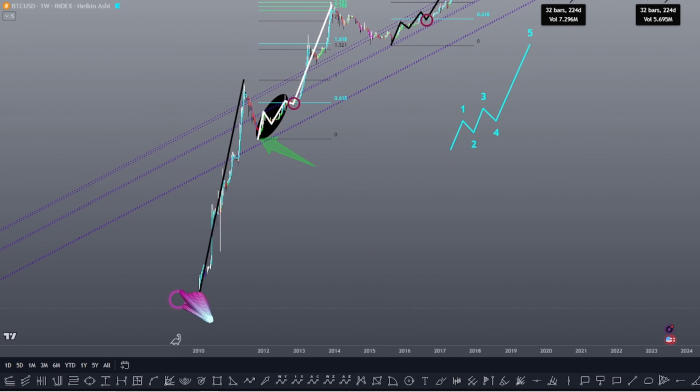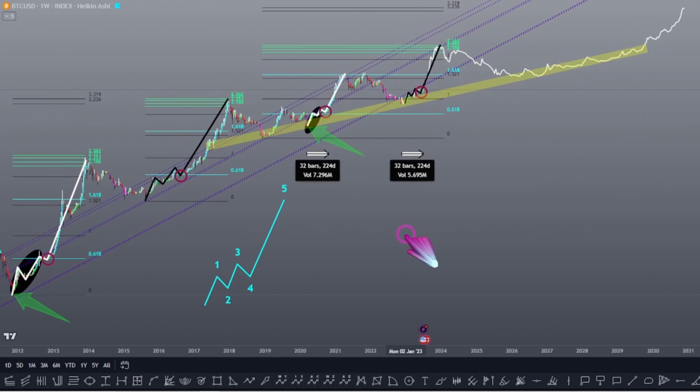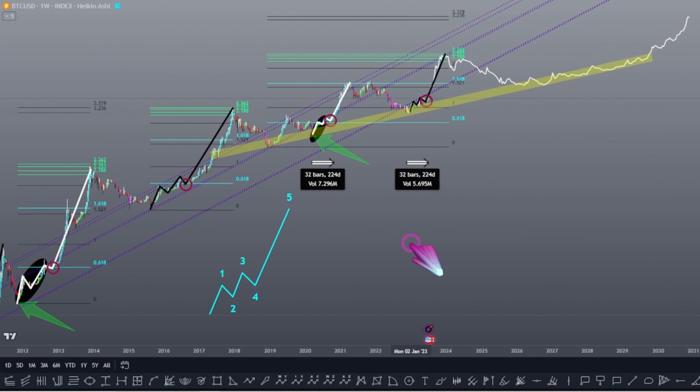I'll refer to that as an origin cycle, in the sense that it's the template for everything price-wise that comes after.